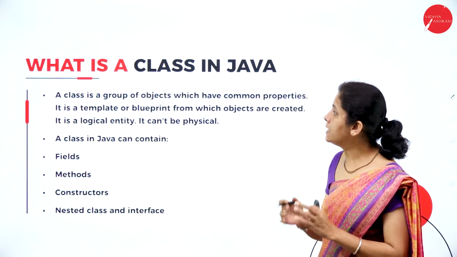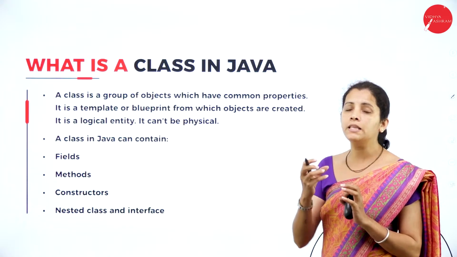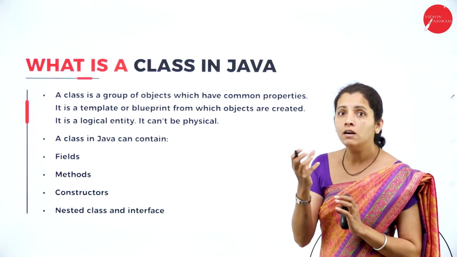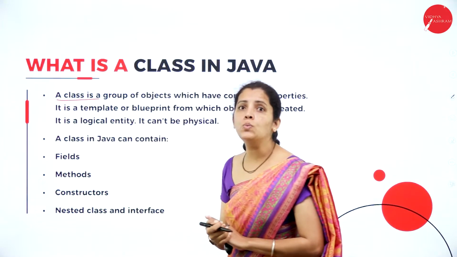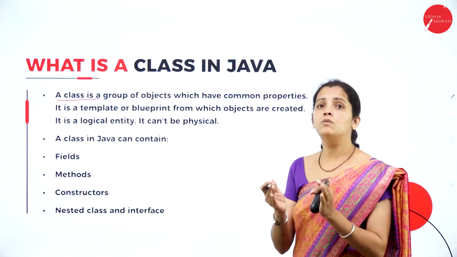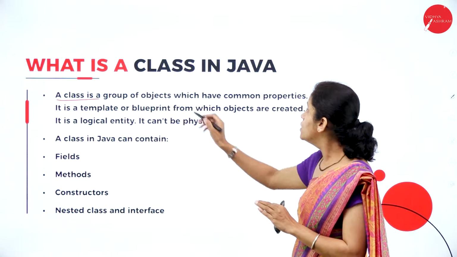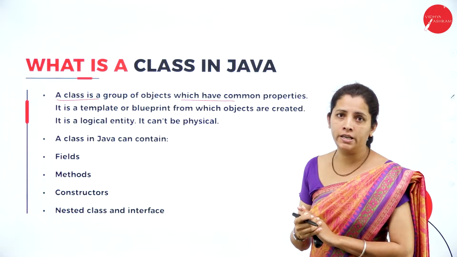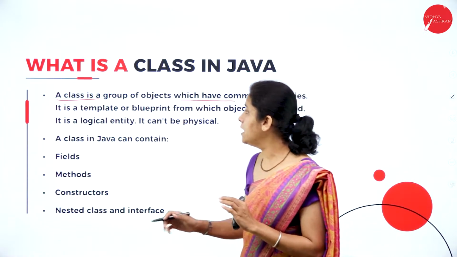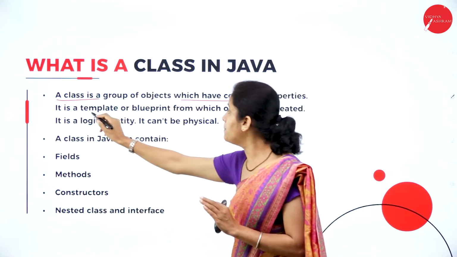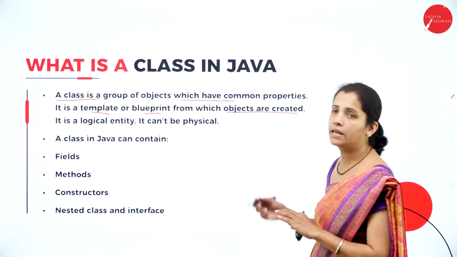Now dear student, what is a class in Java? Class is nothing but a blueprint as well as a template. A class is a group of objects. It is a group or collection of objects which have common properties, and it's also known as a template or blueprint from which objects are created.